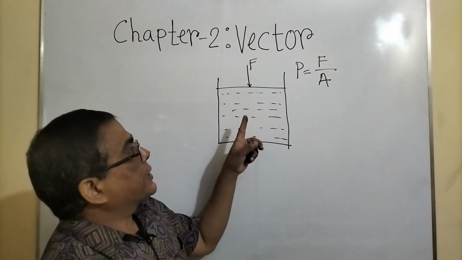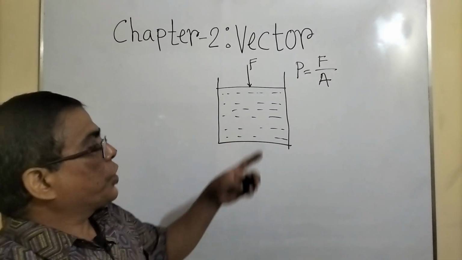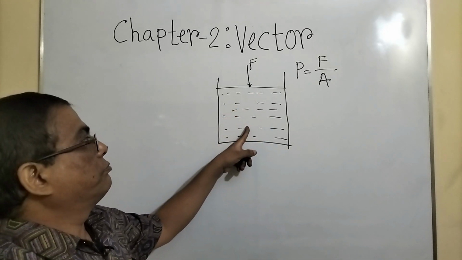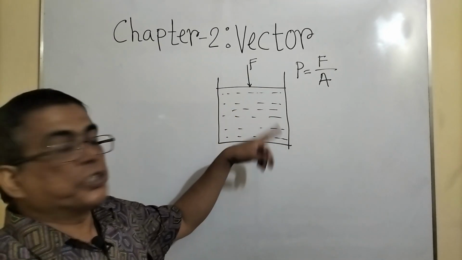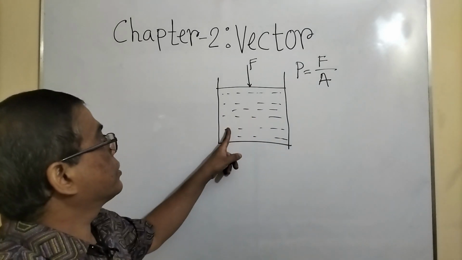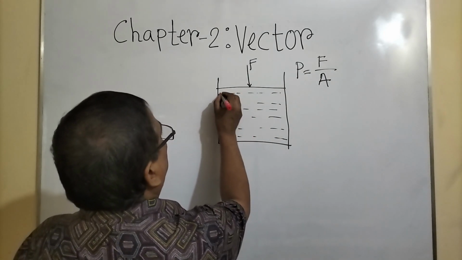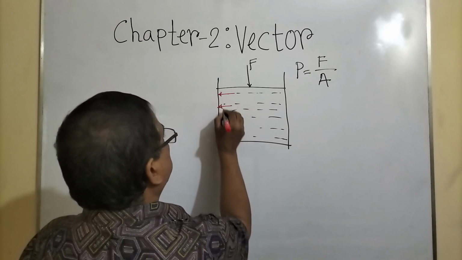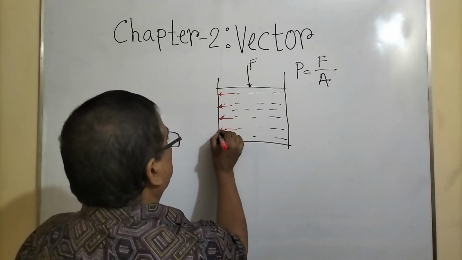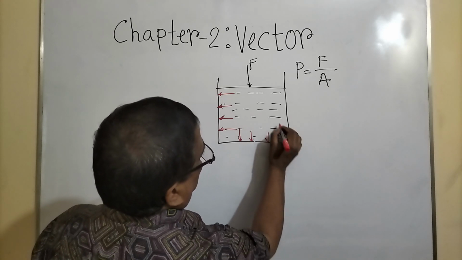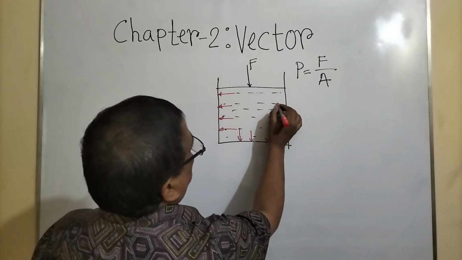According to Pascal's law, the pressure developed inside the cylinder is the same, but the direction of the acting pressure is different. The direction of pressure is different, like this, like this, like this.